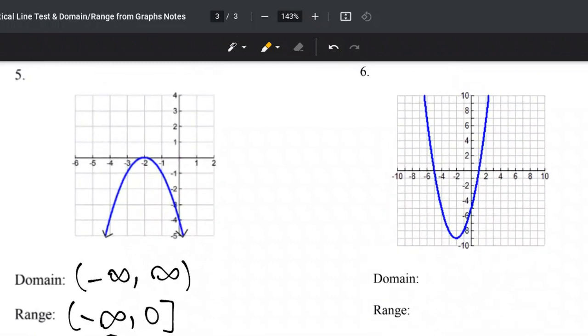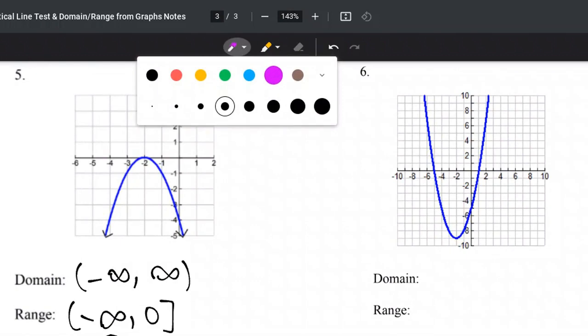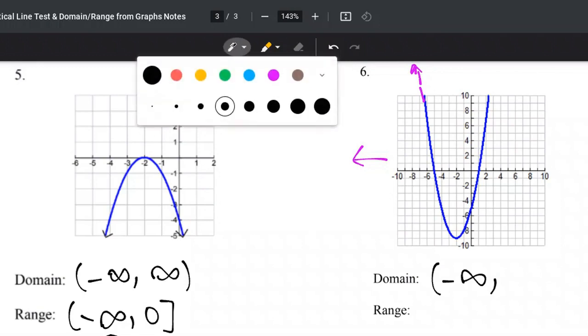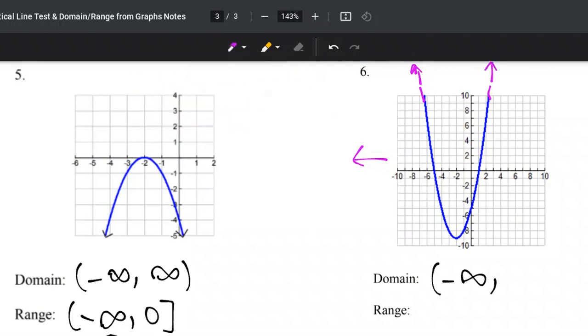Let's check out number 6. For our domain, how far left does the graph go? This graph is going forever left, negative infinity. How far right does the graph go? This graph is going forever to the right and will continue to get wider and wider to positive infinity.